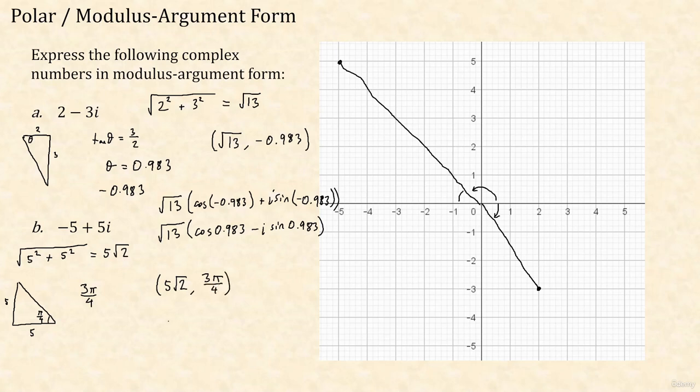And in full trigonometric form, it's 5 root 2, and then cos of the angle, 3 pi over 4, plus i sine of the angle, 3 pi over 4. Okay, finally, let's just practice working the other way.